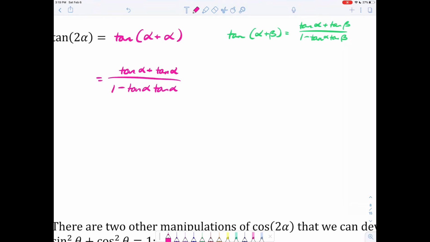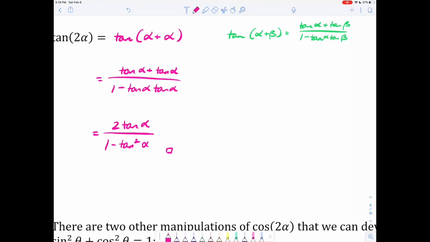That would have been bad. On the top, 2 of the same thing being added together. So I've got 2 tan alpha. On the bottom, I have 1 minus tan alpha times tan alpha, which is tan squared alpha. And that one is done.